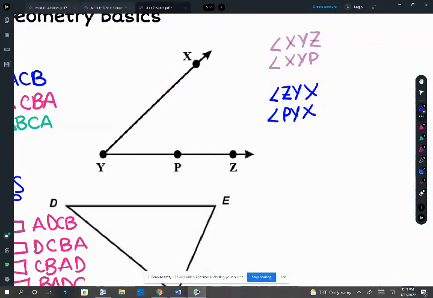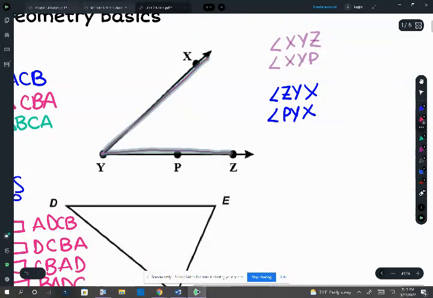So we're just talking about the angle. Because it's an angle, I can only do these two different ways.